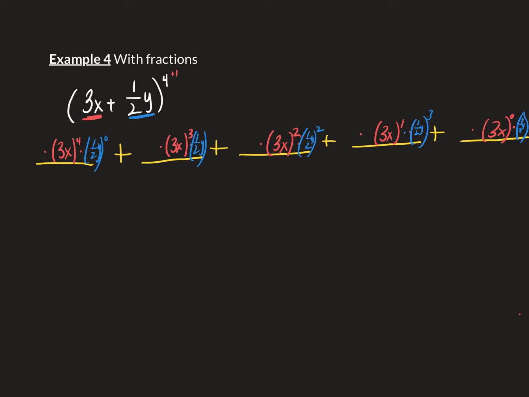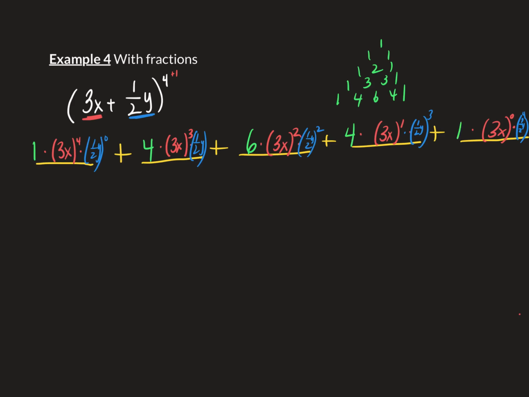And then I need Pascal's triangle that has 5 terms: 1; 1, 1; 1, 2, 1; 1, 3, 3, 1; 1, 4, 6, 4, 1. I think that's the row. So multiply by 1, multiply by 4, multiply by 6, multiply by 4, multiply by 1.